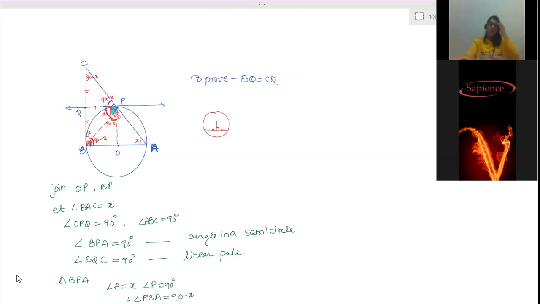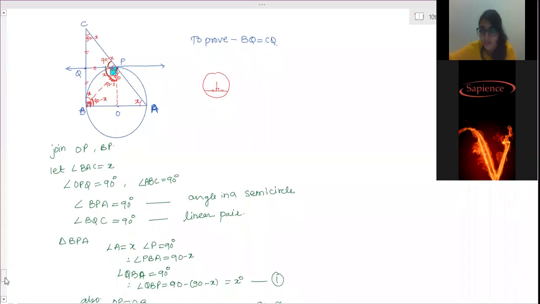Keep on finding angle sum property of the different triangles. Actually, last year only, I did this in an easier way because of the students.